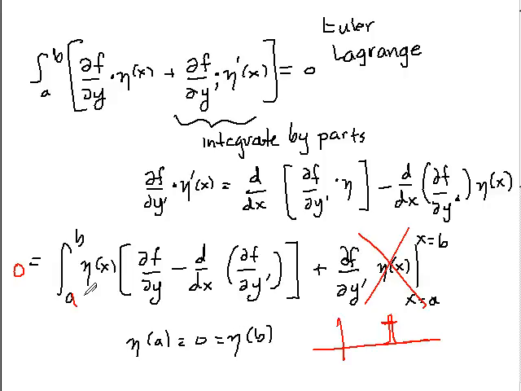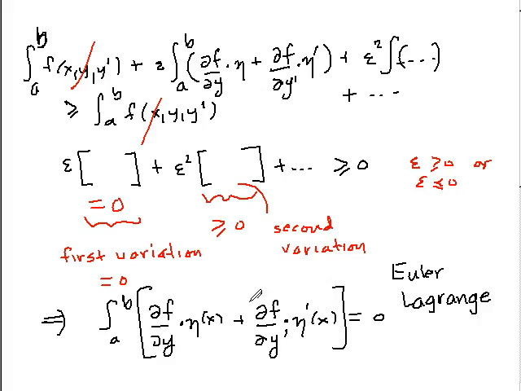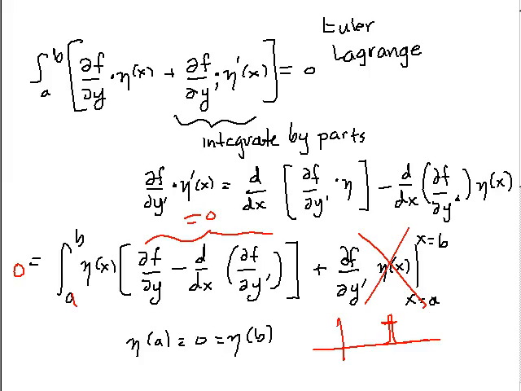So the product of this eta times this thing, which is positive on the support of eta, would be positive, and this couldn't happen. So the only way this product can be 0 for all choices of eta is if this bracketed quantity equals 0. So in fact, the Euler-Lagrange conditions are not just in an integral form. I've reduced them to a pointwise differential equation.